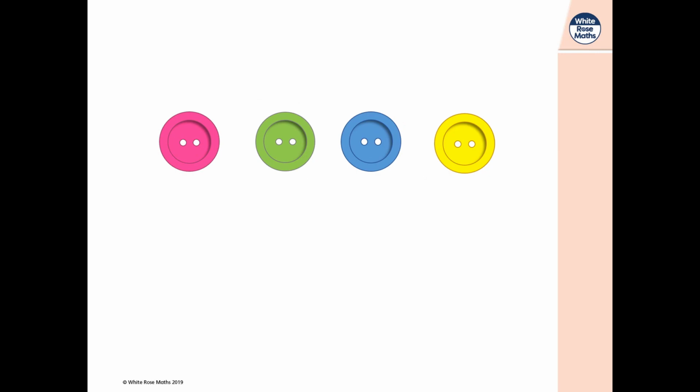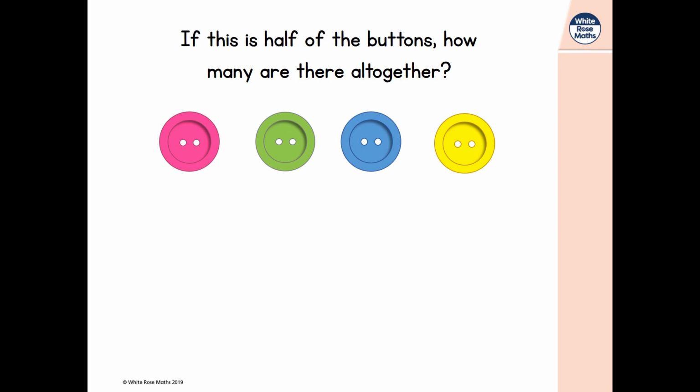Oh, look. Here are some buttons. It says here, if this is half of the buttons, how many are there all together? Oh. So it doesn't want us to find half of them. This is half of the buttons.